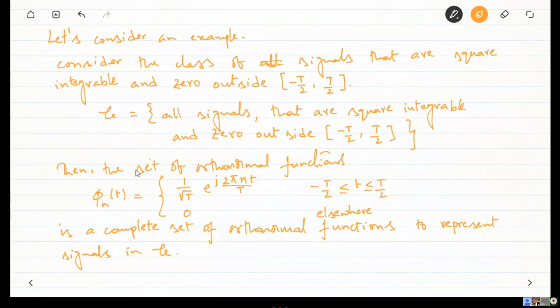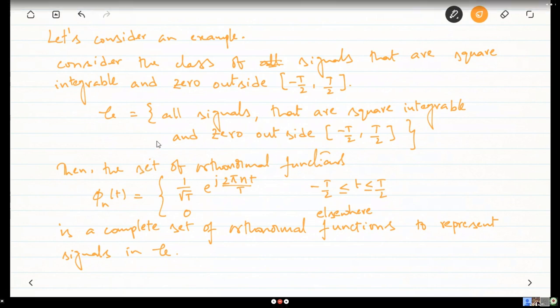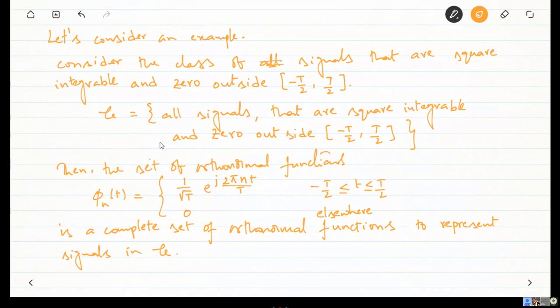And this is nothing but your exponential Fourier series. So our next topic is Fourier series representation of signals, and this is where this Fourier series comes from. Fourier series comes from the orthonormal expansion of signals, right? So this example, of course, we are not defining Fourier series from this.